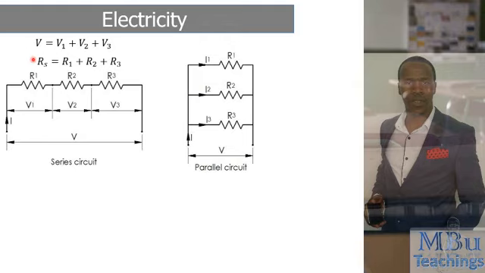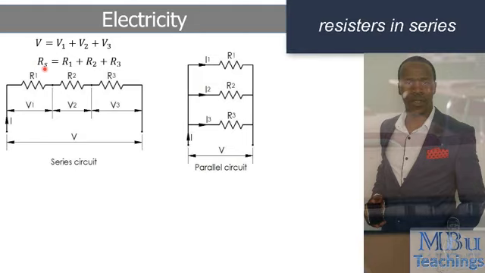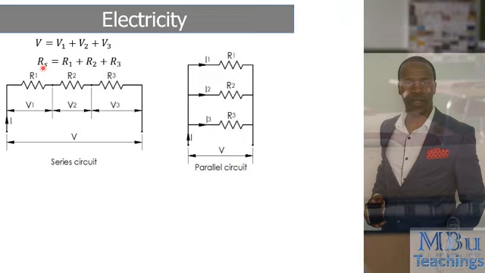We have RS. Now this RS is for the resistors that are connected in series. As you can see, these ones are connected in series. Then we have I. For this one, I is constant.